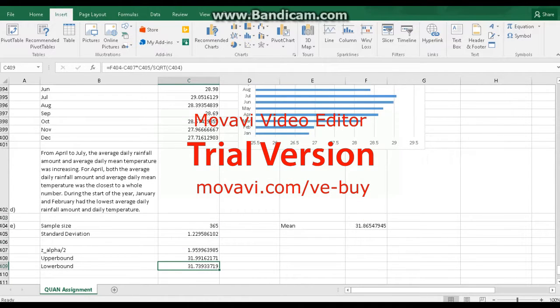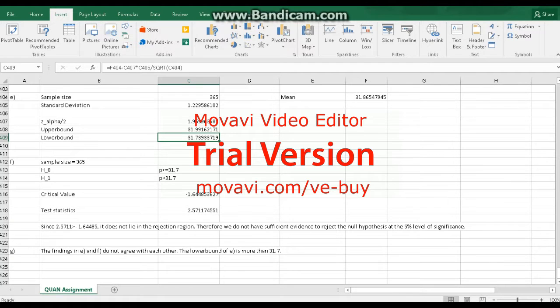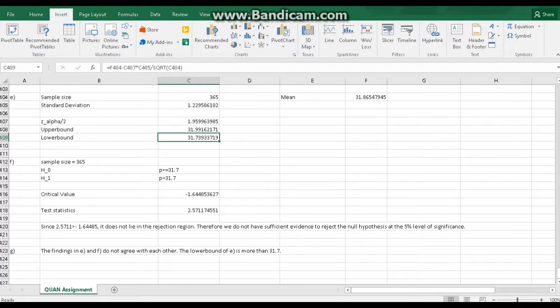For the next part F, the null hypothesis was more than or equal to 31.7, since the question said the claim was at least 31.7. So the alternative hypothesis will be less than 31.7.